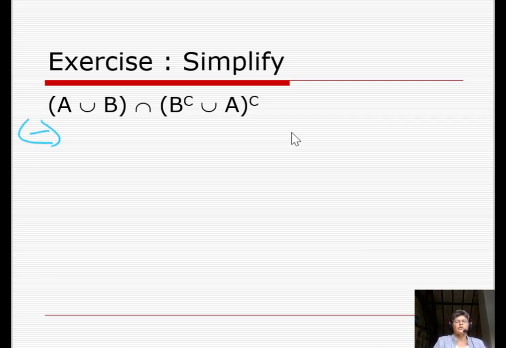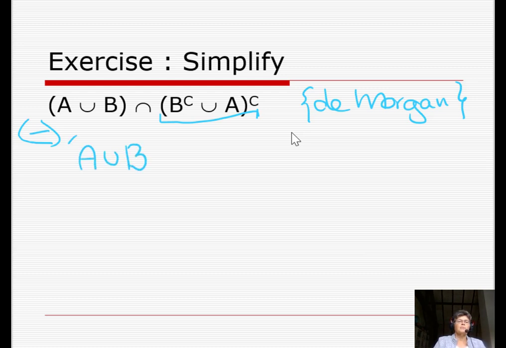So the first thing you see is that we have a complement here on the last part. So what we're going to do is the first law, and then we'll just mention it. So I'd like you to tell me what law you're applying. It would be De Morgan. So if we apply De Morgan to this one, then the first part stays the same.